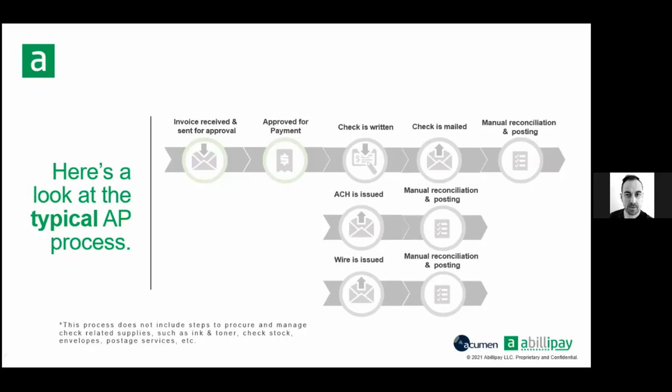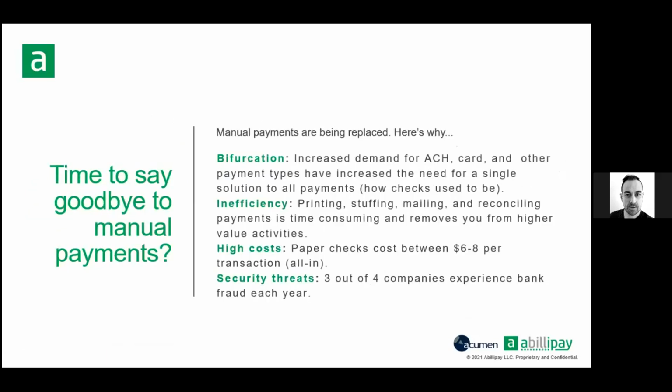So suffice it to say that this process can be lengthy, and we like to call it bifurcation, where we see companies that have tried to migrate to ACH from checks, and ACH was going to be this panacea that fixed all the issues, where if they could just get to ACH, they wouldn't have to do these paper checks anymore.